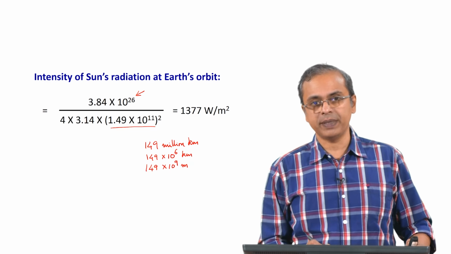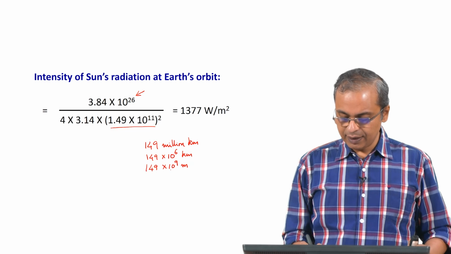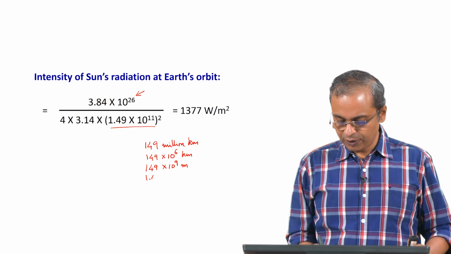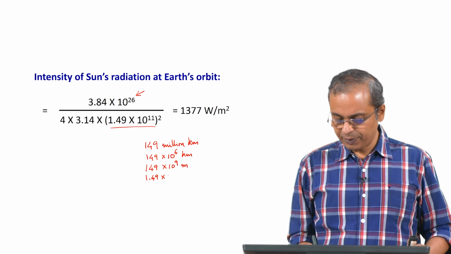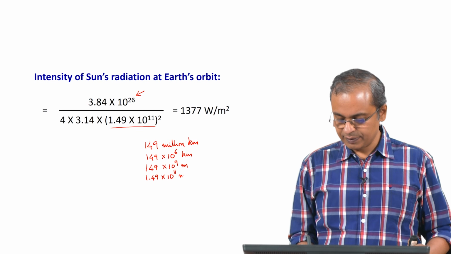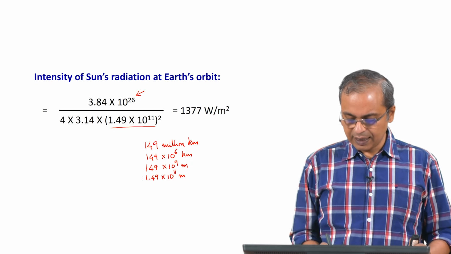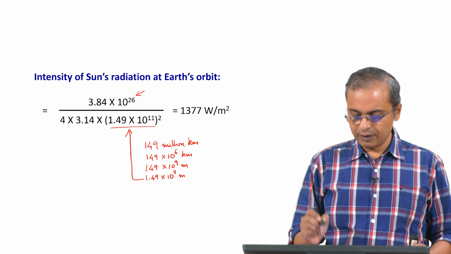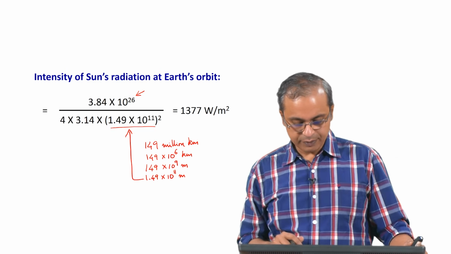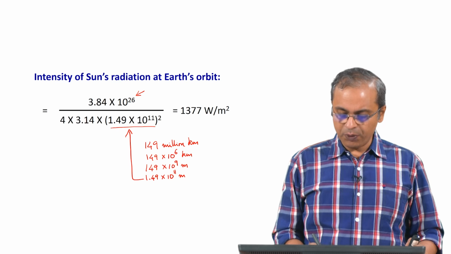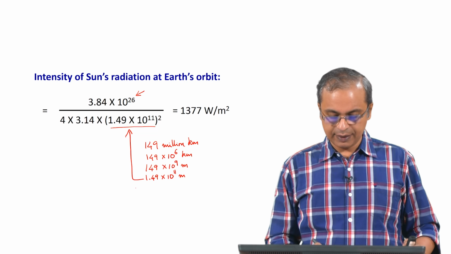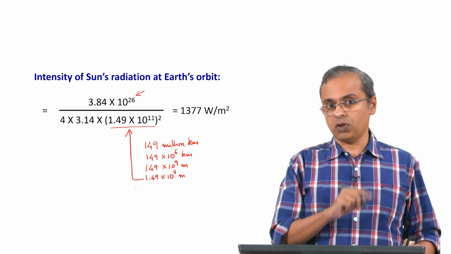Kilometers becomes meters, so that is 10 power 9, and that is the same as 1.49 into 10 power 11 meters. I just put a decimal place there. So, that is the number that you see here, 1.49 into 10 power 11, the radius of Earth's orbit.